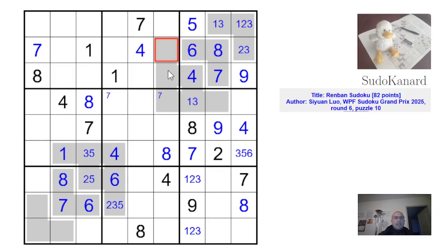I don't think I can place most of the missing digits inside this area. There's a 7 down there, definitely. There's a 6 down there. But this doesn't seem to help.